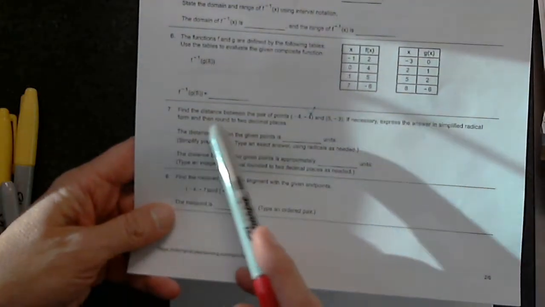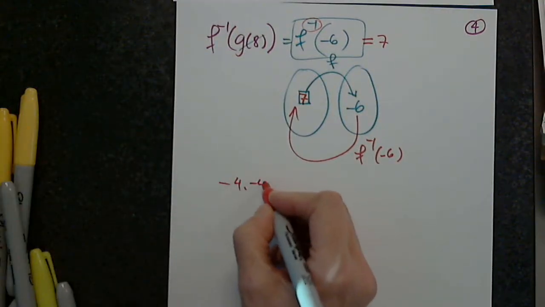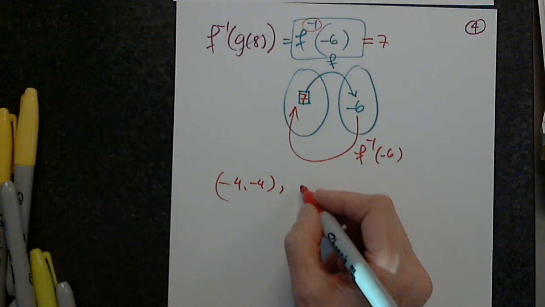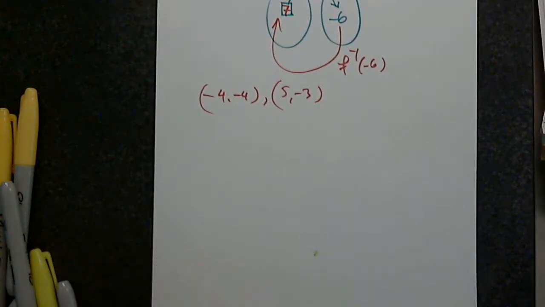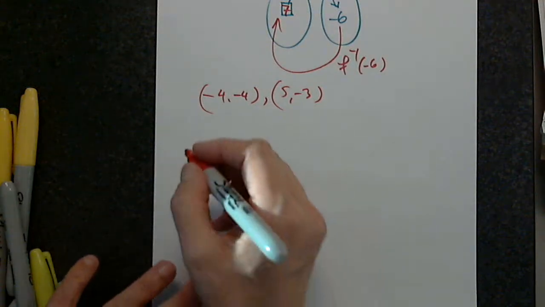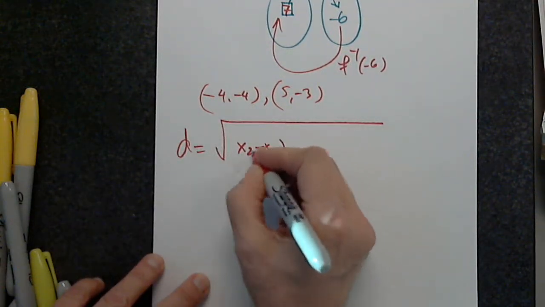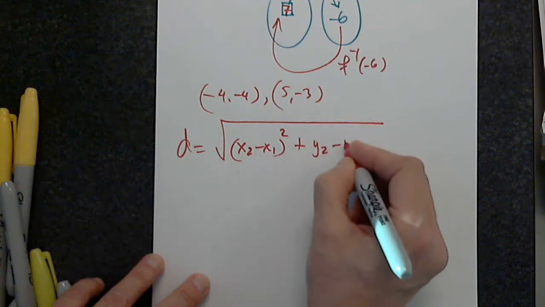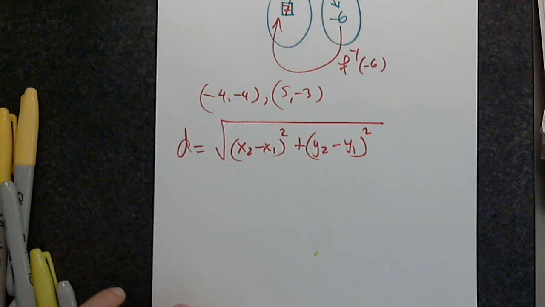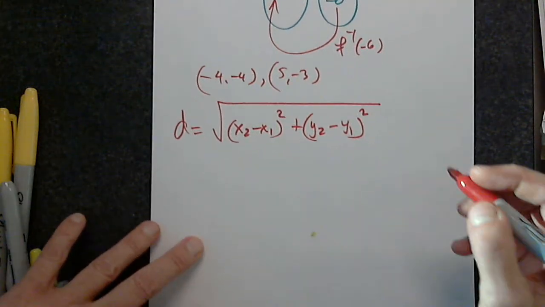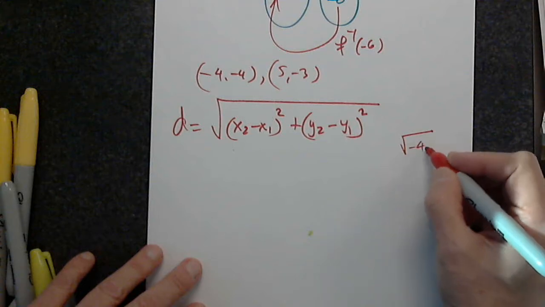Okay. Find the distance between 2 points. So -4, -4. And the other one is 5, -3. We're asked to find the distance. Please remember the formula. x2 minus x1, everything squared, plus y2 minus y1, everything squared. And we agreed when we looked at this in chapter 2 that no one will write on this test or the final exam something like this.